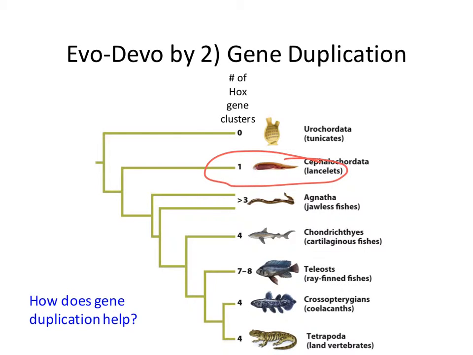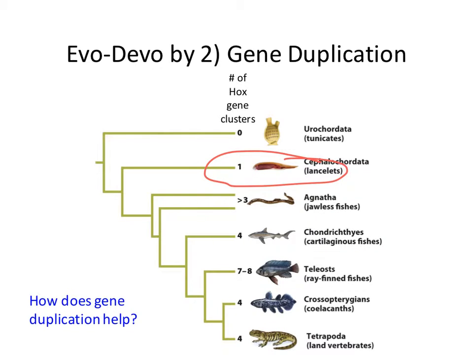But then when you start looking at closer and closer relatives to humans, you see something interesting, which is that that whole block of Hox genes has been copied and pasted into our genome, so that Agnatha, or jawless fish, have more than 3 sets of that group of Hox genes.